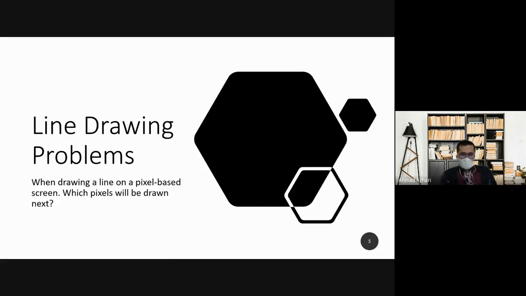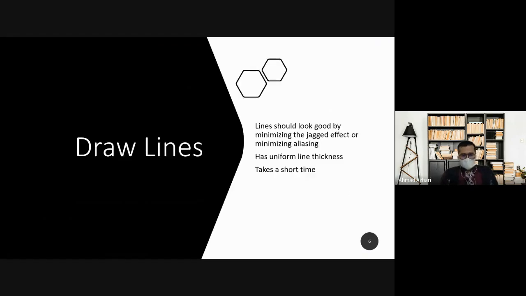When drawing a line on a pixel-based screen, which pixels will be drawn? When we draw a line, it should look good by minimizing the jagged effect, or minimizing aliasing. The line also has a uniform line thickness.